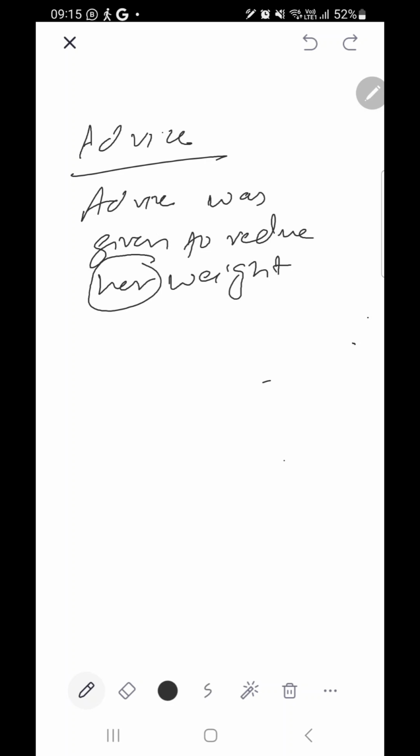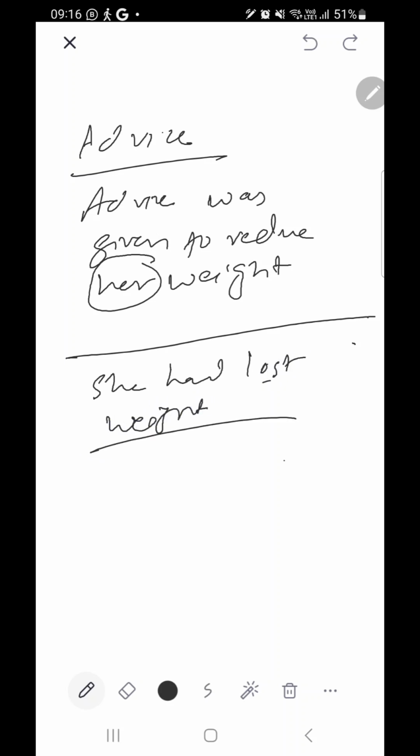Or, "You need to reduce weight," rather than "her". Okay, advice was given to reduce weight rather than using "her". Secondly, we cannot use "so", it's a known wrong thing. We can just write, "She had lost weight," rather than writing "her" again with that.